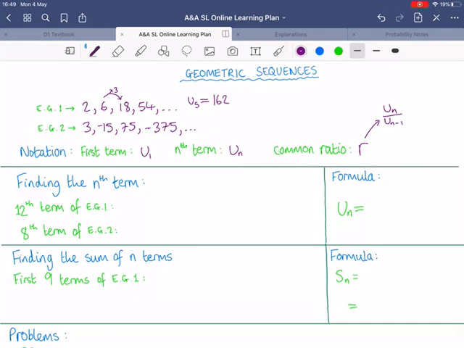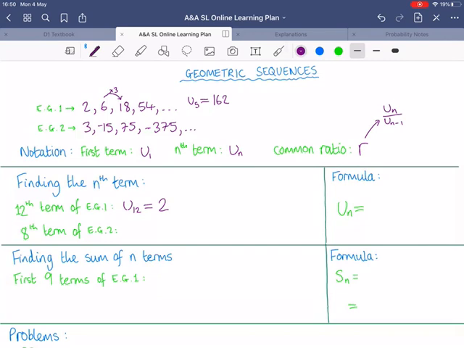Okay, so again, finding a certain term and finding the sum of some terms will make up the bulk of questions about geometric sequences. So if we had to find the 12th term of example 1, I could call this U12.